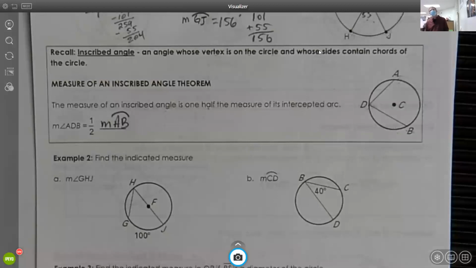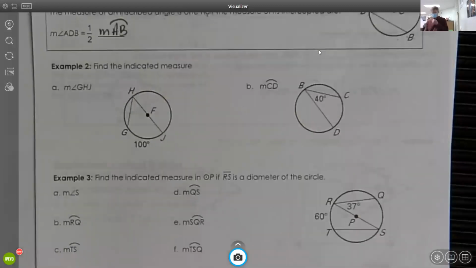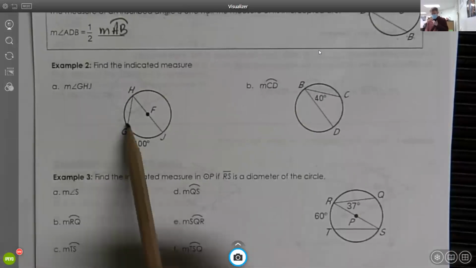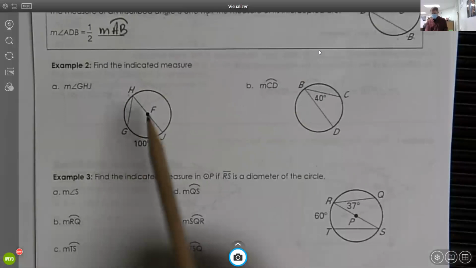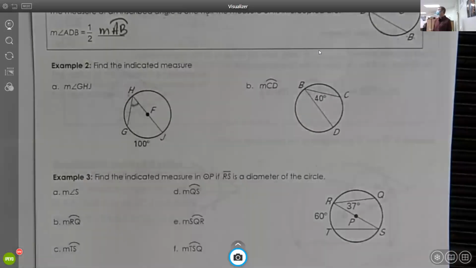So now we come down to these practice problems. We're looking at the measurement of GHJ, just this value right there. The first thing you want to notice is that the vertex is not at the center of the circle. It's at the edge of the circle.